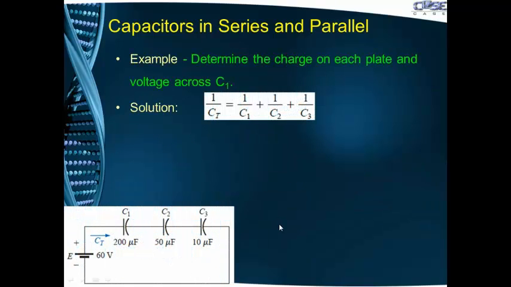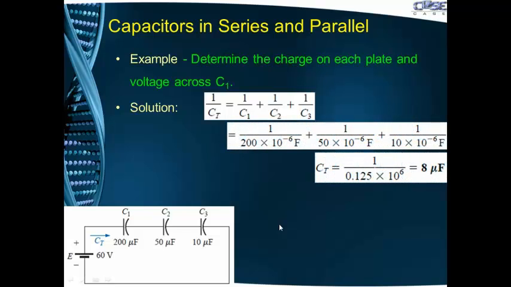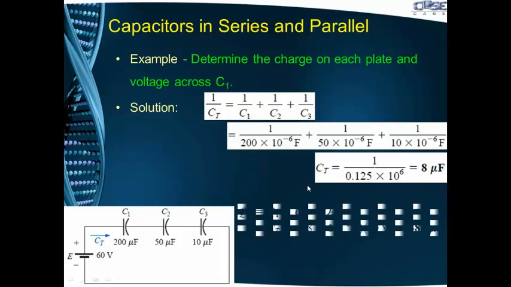Next is the example in which we are asked to determine the charge on each plate and the voltage across capacitor C1, or the voltage across each capacitor. So we can find the total capacitance, and the total capacitance of series capacitors is determined by this formula. By plugging in the values, Ct comes out to be 8 microfarad.